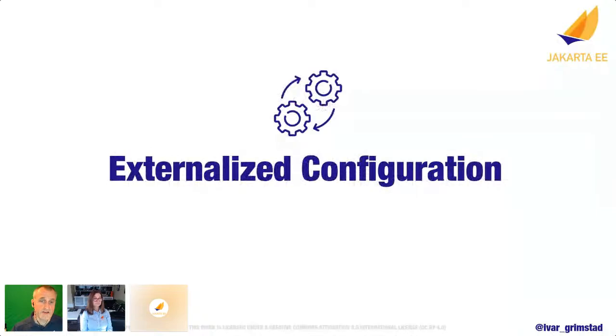Some form of configuration mechanism is requested, and we will look at how that will be done, whether it's a direct use of MicroProfile Config, for example, or if MicroProfile Config is somehow taken over by Jakarta EE, or however that is solved in the future. But we need some sort of configuration mechanism in Jakarta EE, and that is something we will probably have ready for next version.